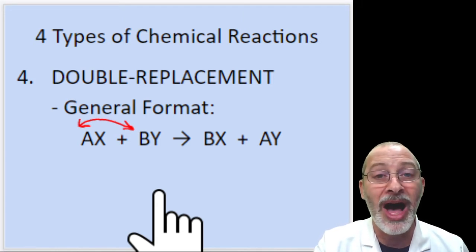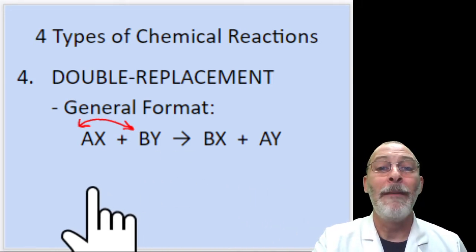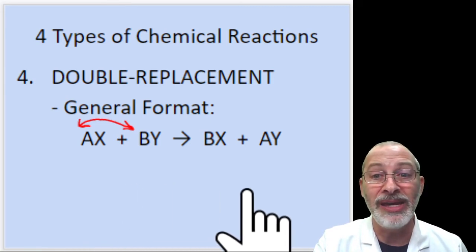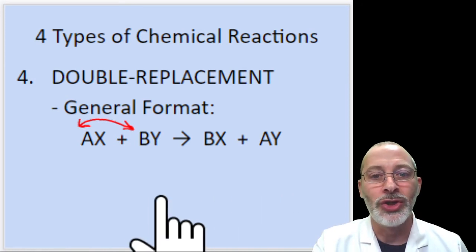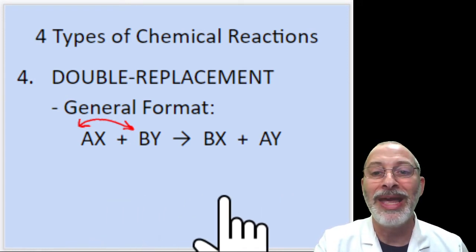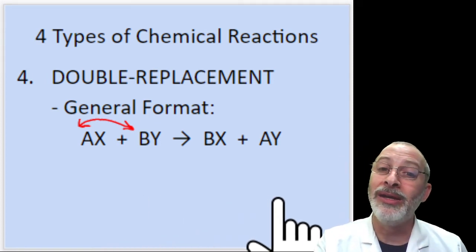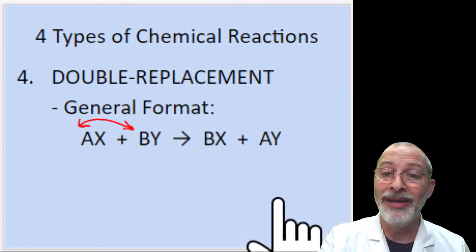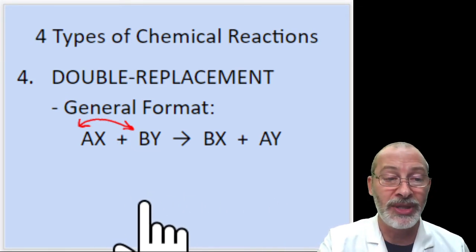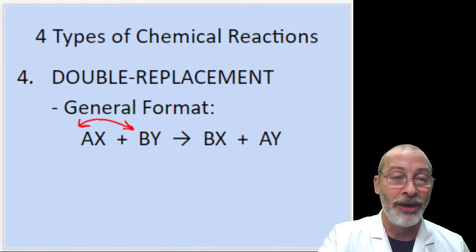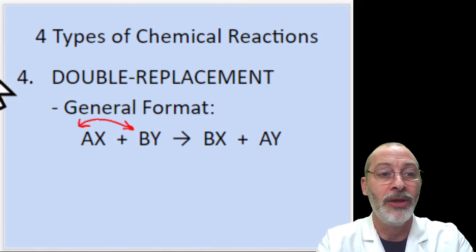The X and the Y, the nonmetals, stay where they are, and it is the metals, the A and the B, that switch locations. So we start off with AX, we end up with BX. We start off with BY, we end up with AY. And again, remember that these are variables, not symbols, but they apply as a general format to all double replacement reactions.